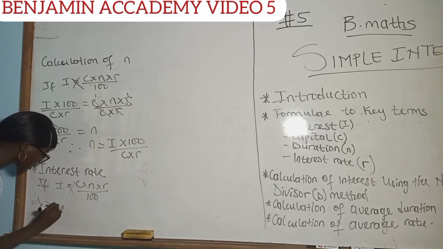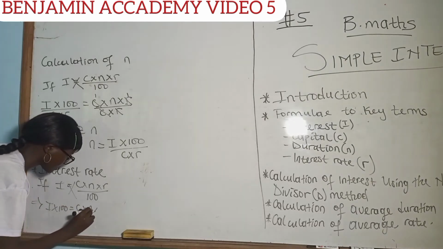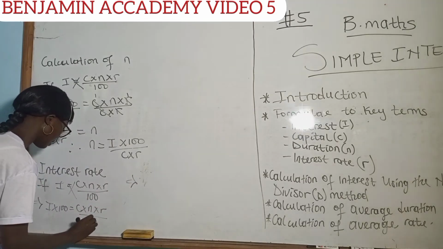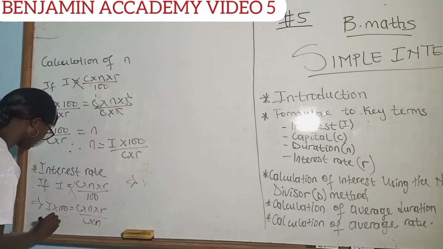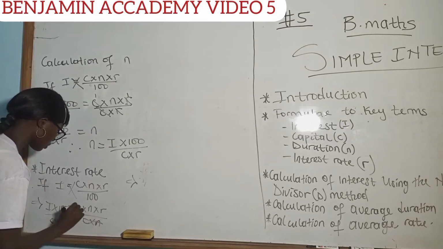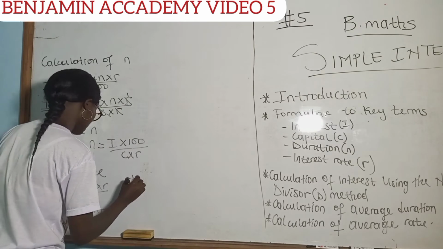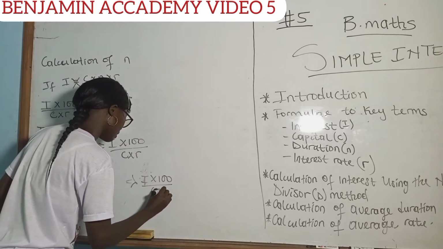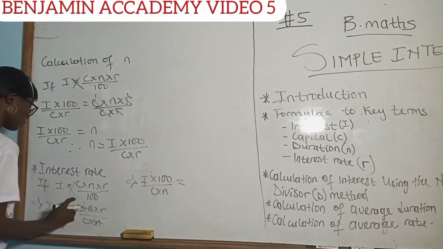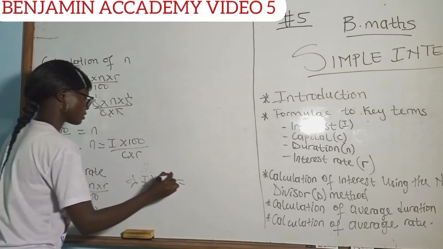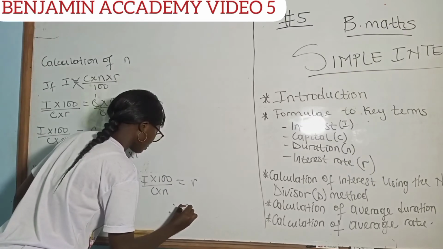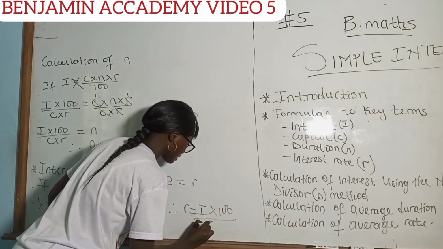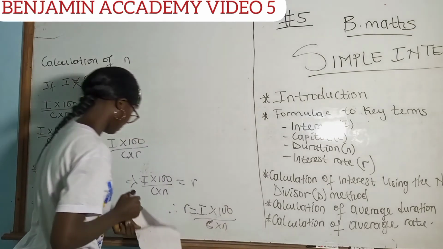I times 100 is equal to C times N times R. We divide both sides by C times N, where C times N over C times N cancels, so we are left with I times 100 over C times N is equal to 1 times R, which is the same as R. So it therefore means R is equal to I times 100 over C times N.